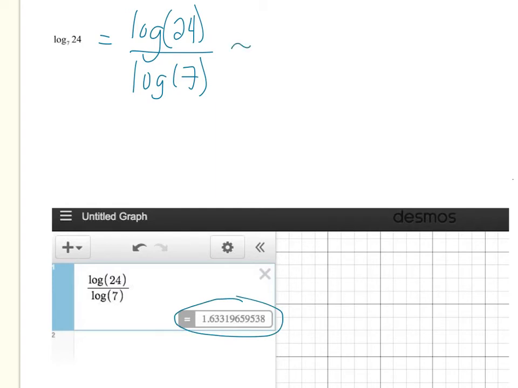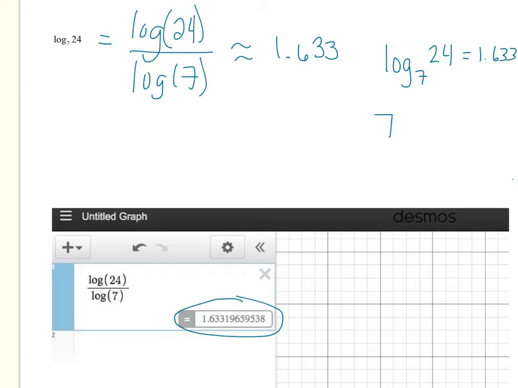So we'll say this is approximately 1.633. Now the question is, is this true? The calculator is not going to lie to us.